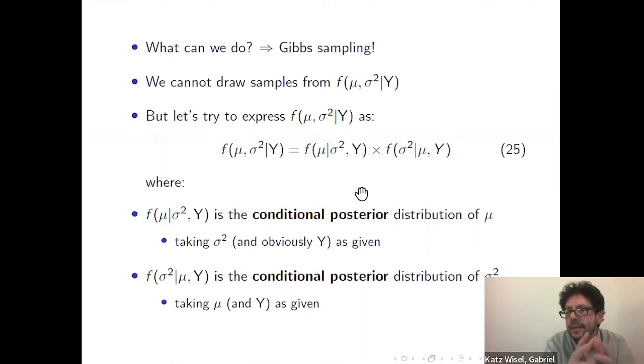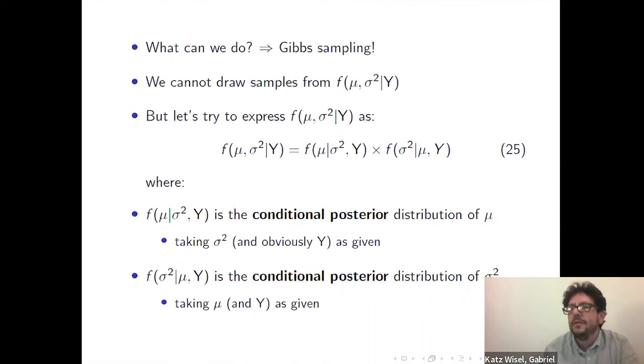Another way of saying it in this example is, when I want to derive the conditional posterior distribution of mu, let's take sigma squared, the other parameter, as a constant. And when I want to derive the posterior distribution of sigma squared, I will take mu as constant. And then I just repeatedly sample from these conditional distributions. And by doing so, I approximate their joint posterior distribution.